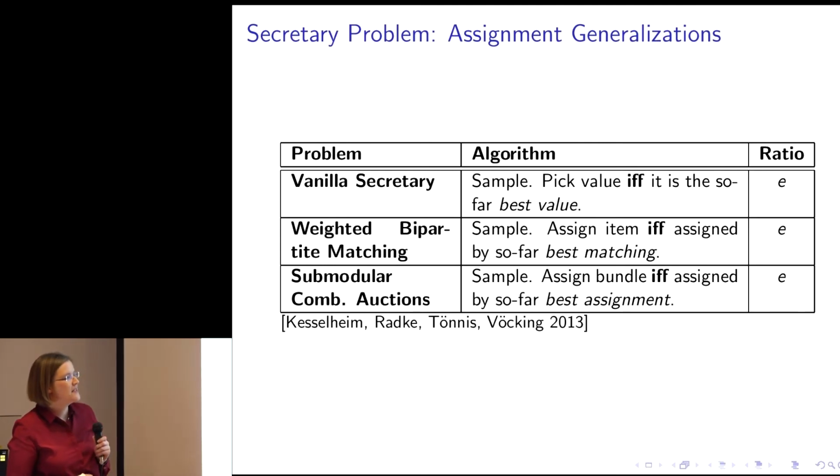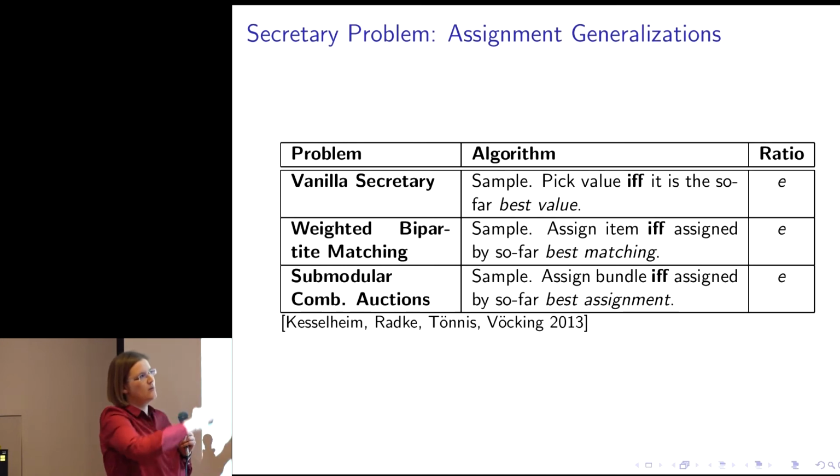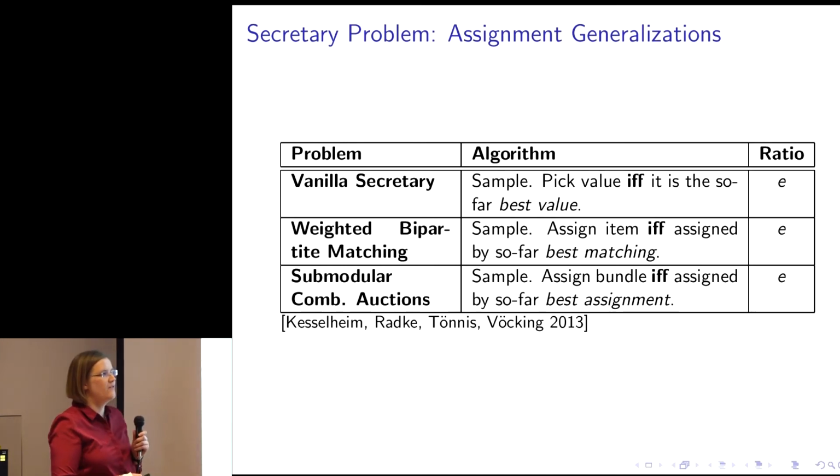So this result, if we put it into perspective, is as follows. Vanilla Secretary had the algorithm where we sample and we pick the value if it's the so far best. Now for weighted bipartite matching, we sample and we assign a bidder an item if the so far best matching does it.